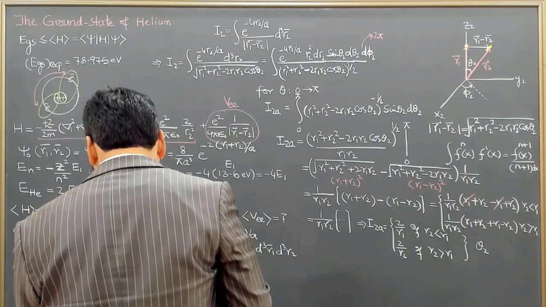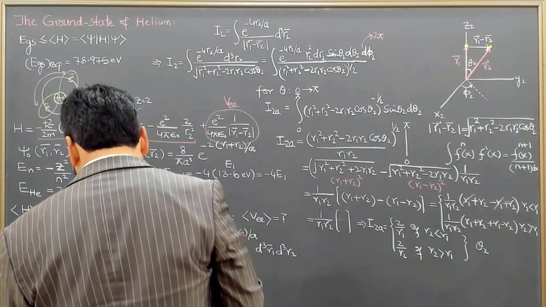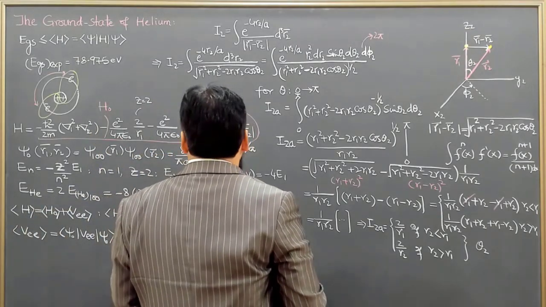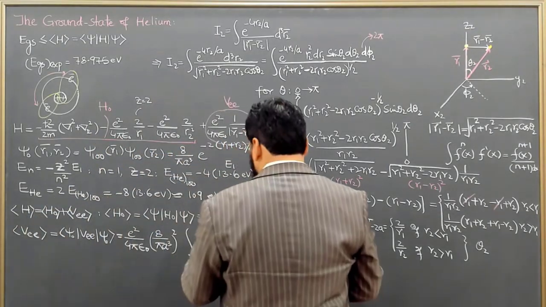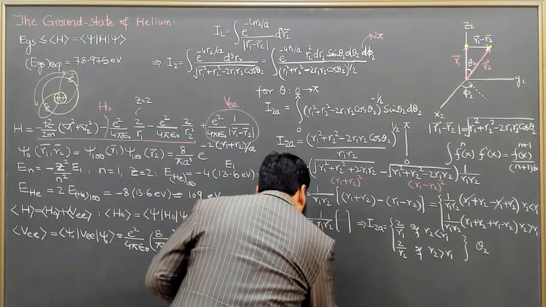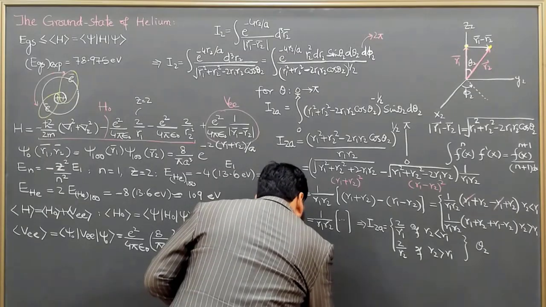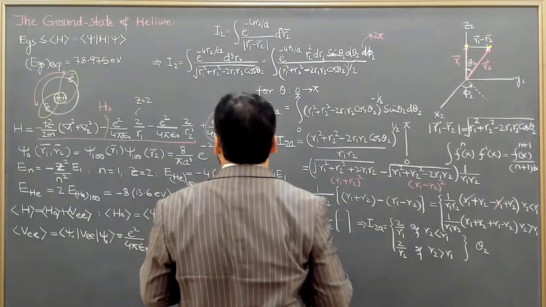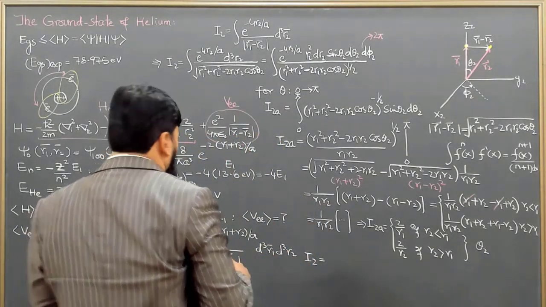So I can write that this thing is equal to, from there I2 will become equal to, from here, the integral.